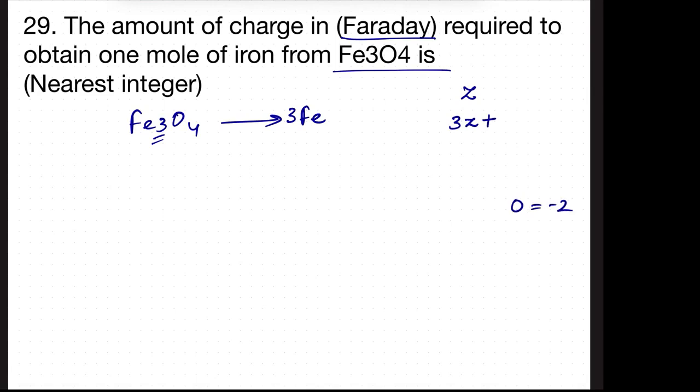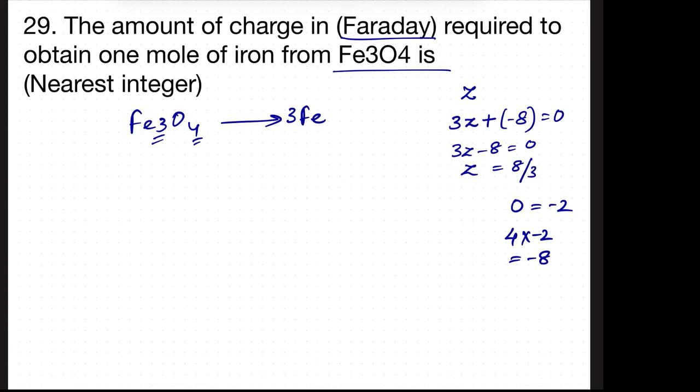So 4 atoms of oxygen here will have 4 into minus 2, which is equal to minus 8. So this becomes 3Z plus minus 8 is equal to 0, or 3Z minus 8 is equal to 0. From this, Z is equal to 8 by 3. Means each atom of iron has an oxidation state of 8 by 3.